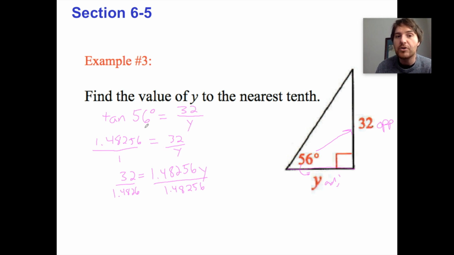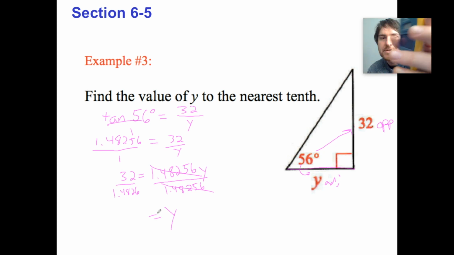You're allowed to swap your means, and you're allowed to swap your extremes of a particular proportion. But anyways, here, these cancel out. I get y equals 32 divided by tangent of 56, and that should tell me what my answer is. So I got 21.58. Hopefully you got the same thing too.